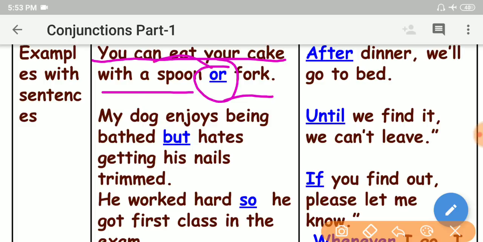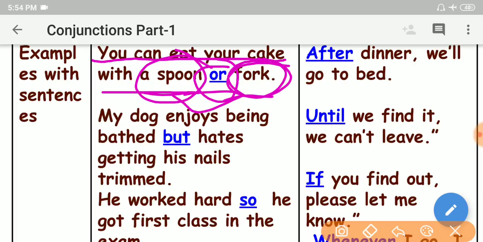See here, a spoon and a fork are two similar or equal syntactic words. That means here spoon is a noun, fork is also a noun. So they are equal words in the sentence. So in such conditions, to join, to link these words, we are going to use or.